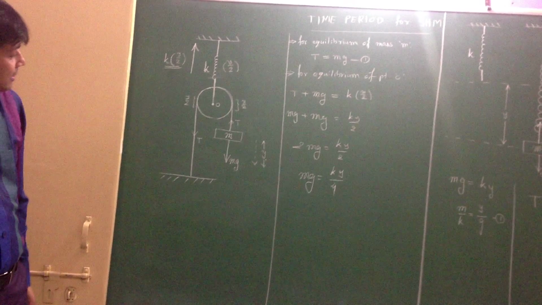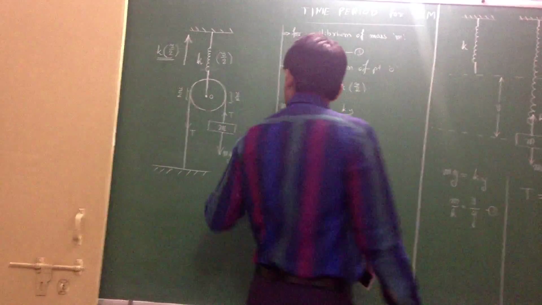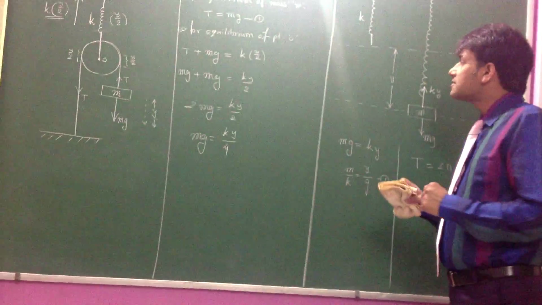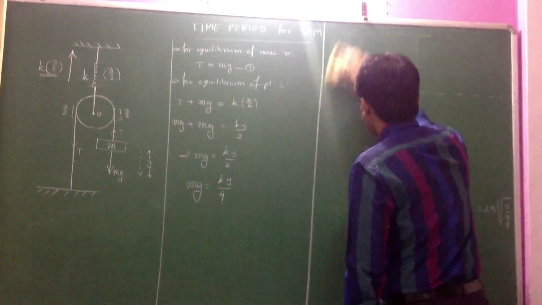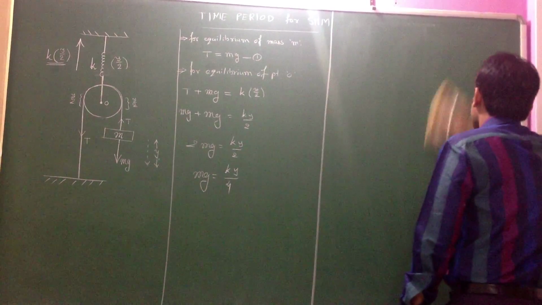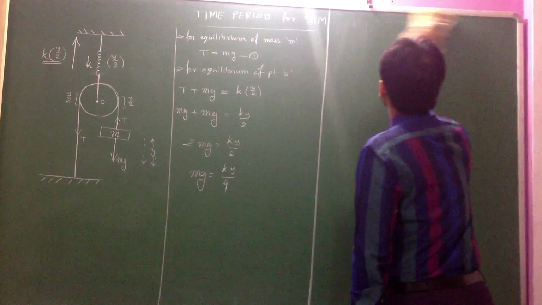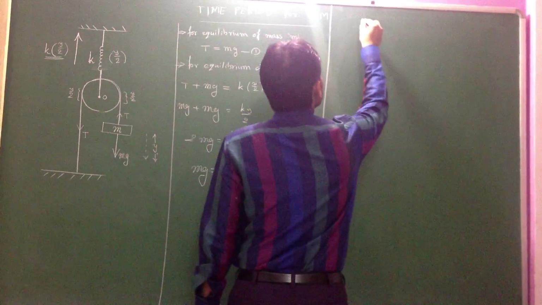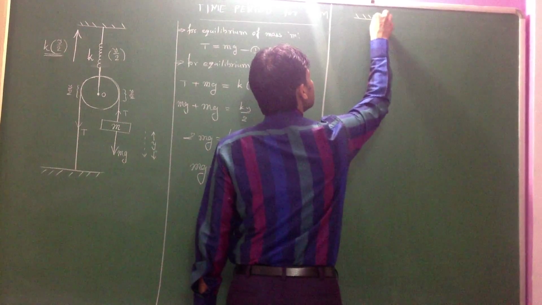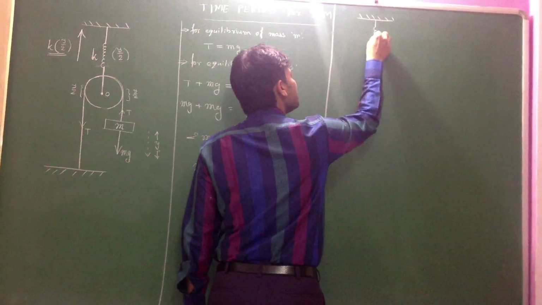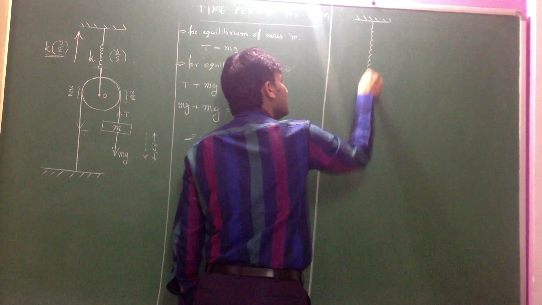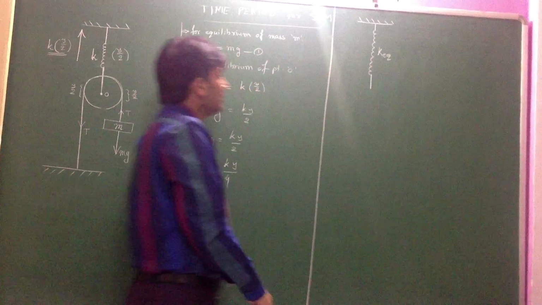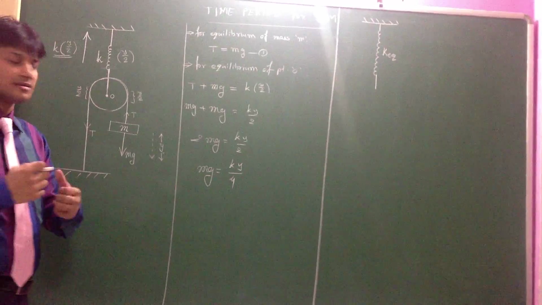Now, as the displacement is not the same as the extension in the spring, I have to consider one equivalent spring. Imagine that this is an equivalent spring. Its spring constant is K equivalent. What do we mean by equivalency?